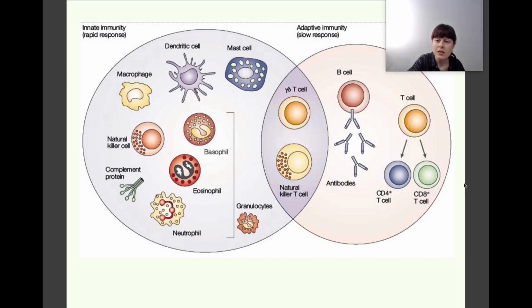Cytotoxic T cells, CD8 plus cells, detect cells infected by viruses or tumorous cells, for example, and destroy them. They don't need helpers to activate the immune response. They can directly lyse these infected cells.